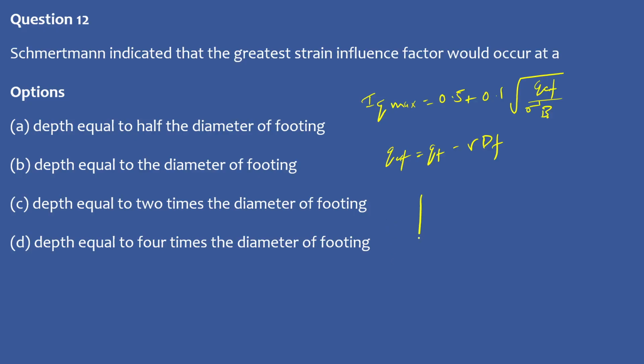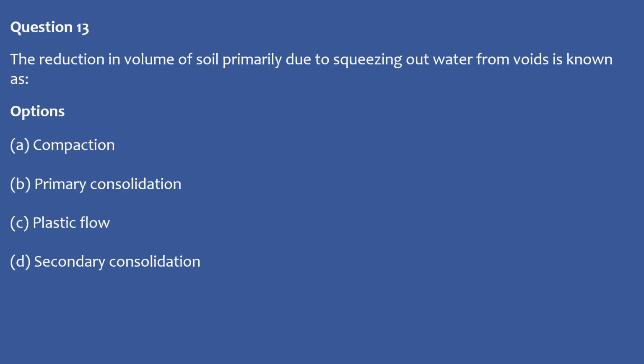And this distribution of Iz, as per Schmertmann, usually occurs at a depth of Df by 2. So the greatest influence factor would occur at a depth equal to half the width of the footing.